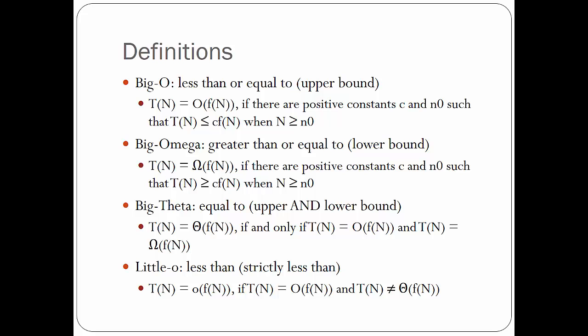Usually we are only concerned with the big O growth rate, as this represents the worst case scenario. But if two algorithms have the same big O, we may use these other bounds to determine which is better for our given application. For example, if one algorithm is big O of n and the other is little o of n, the one that is little o of n is the better choice if everything else is equal.